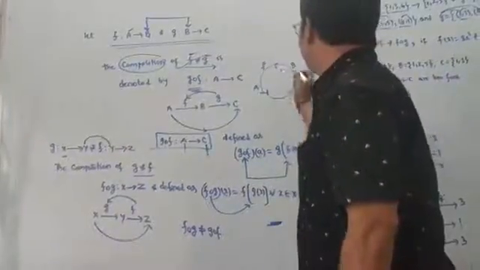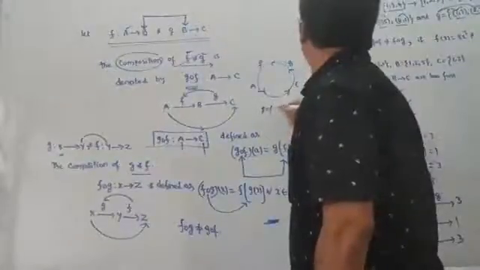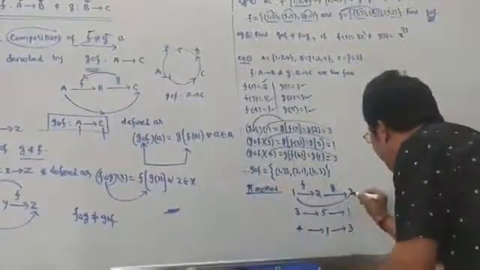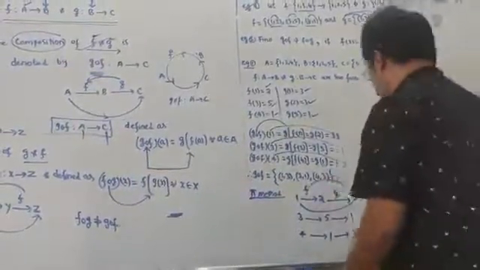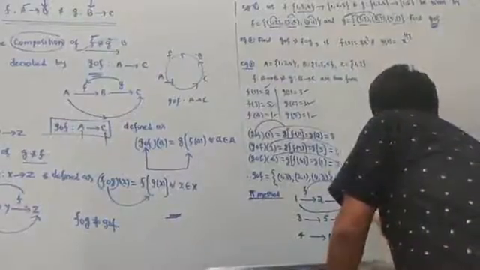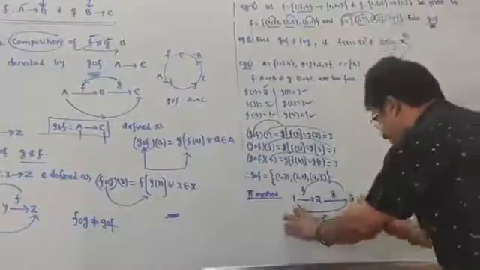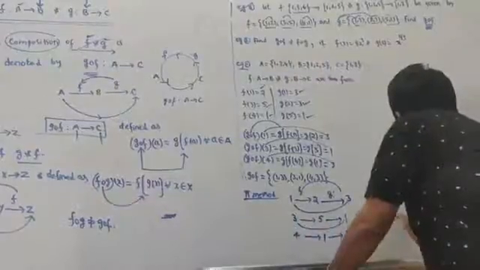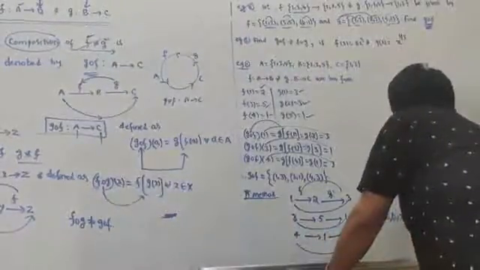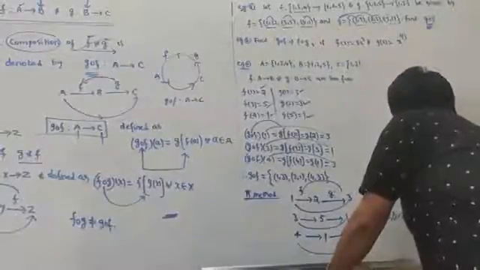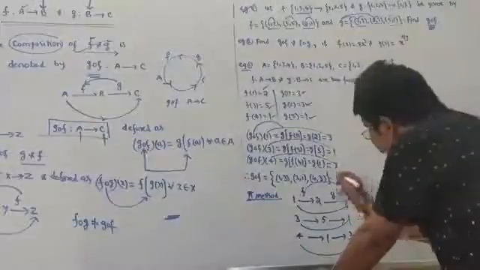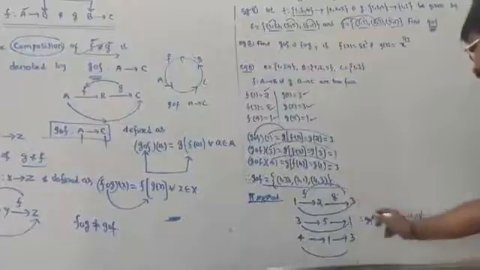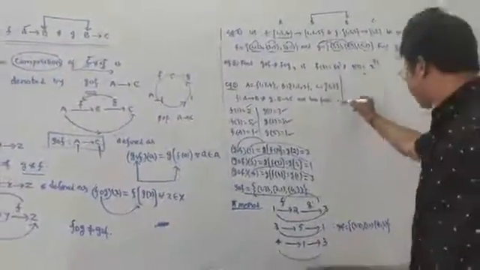A to C means G circle F. So G circle F is (1, 3), (3, 1), (4, 3). So all are G circle F. We got the same answer: (1, 3), (3, 1), (4, 3). This is the shortcut. Okay, next.